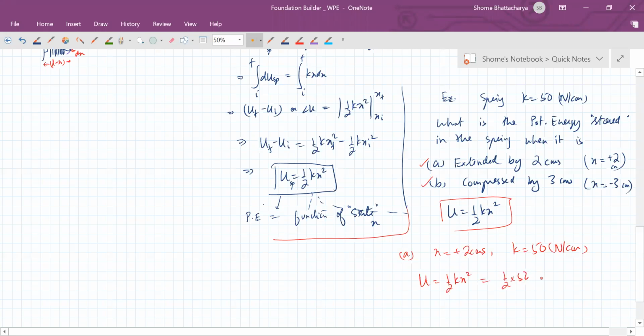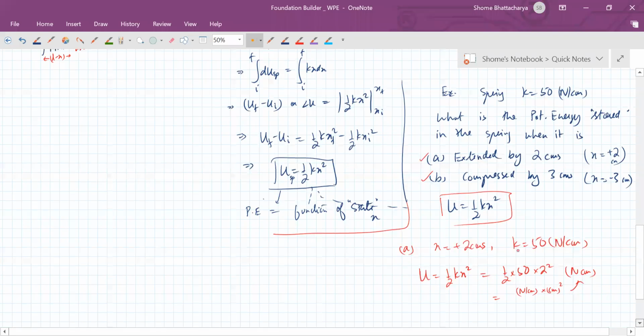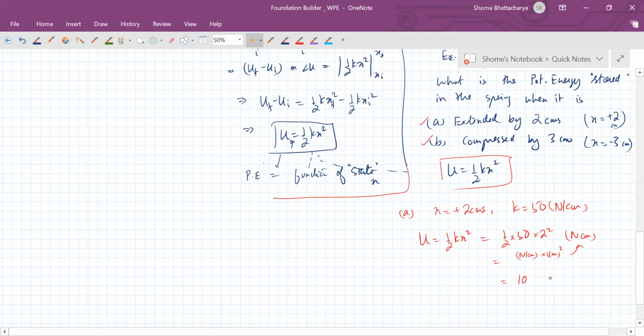We will get it, but the unit that we will get will be Newton centimeter, because it's Newton per centimeter multiplied by centimeter square. So that's why we'll get this unit. So we'll get this as 50 into 2, or 100 Newton centimeters.